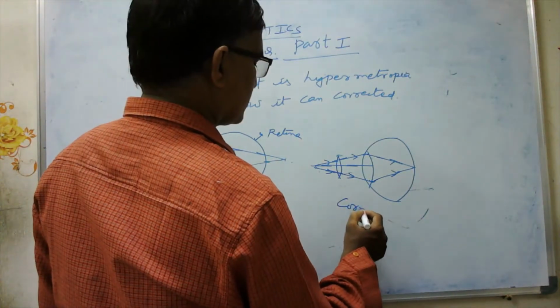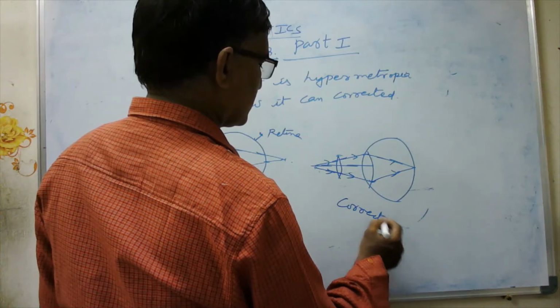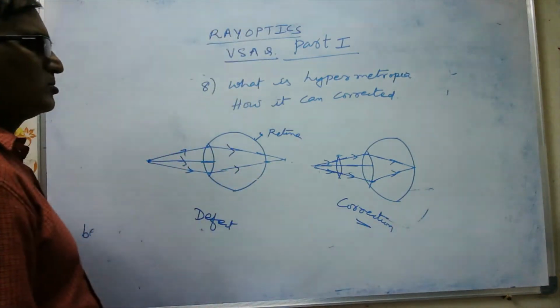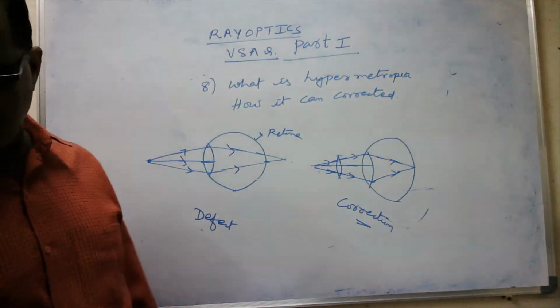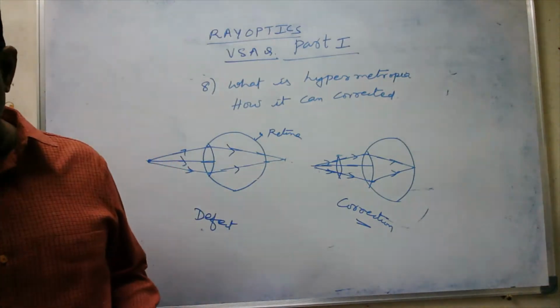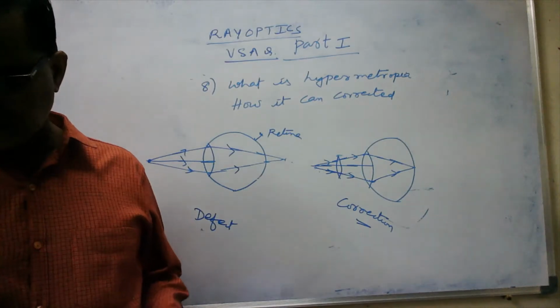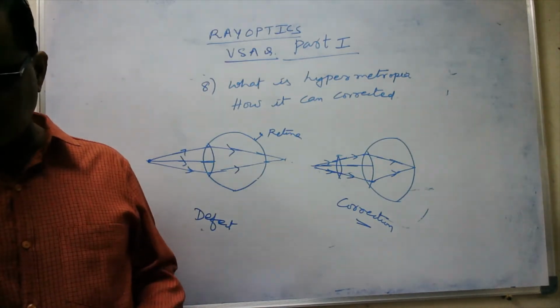So the image is formed when rays are coming from a distant object. The image is formed behind the retina.